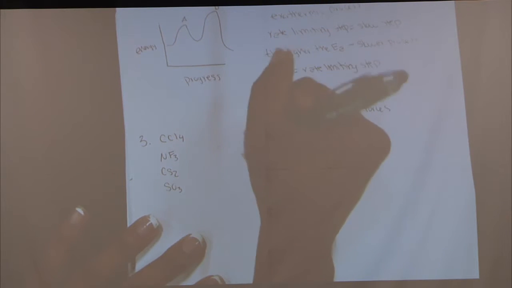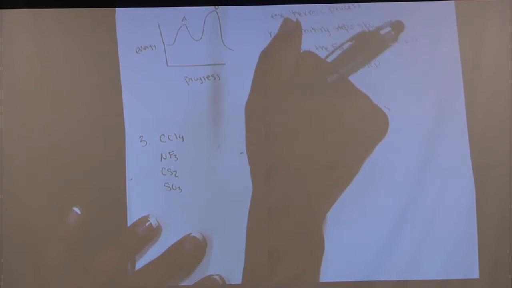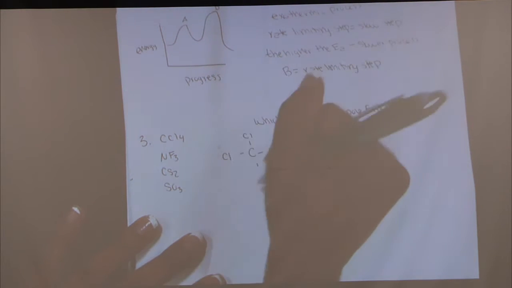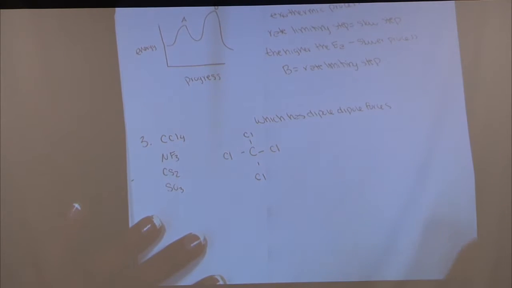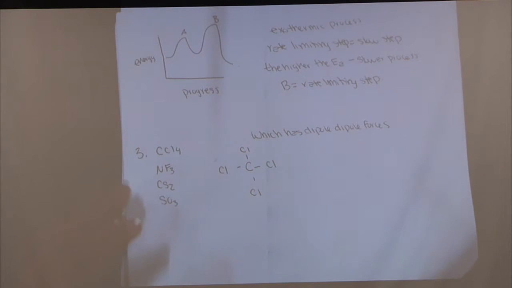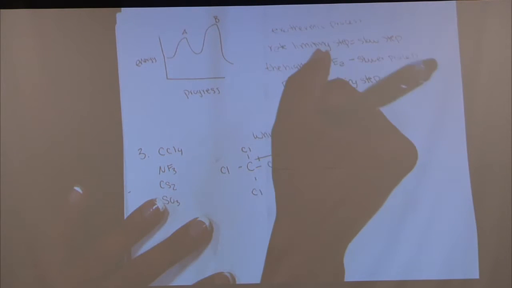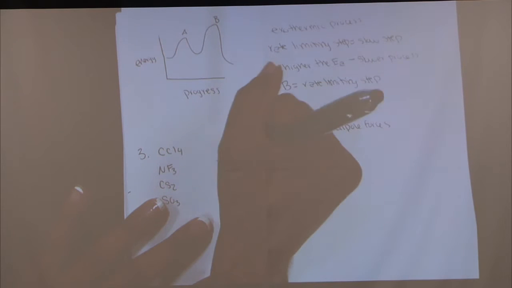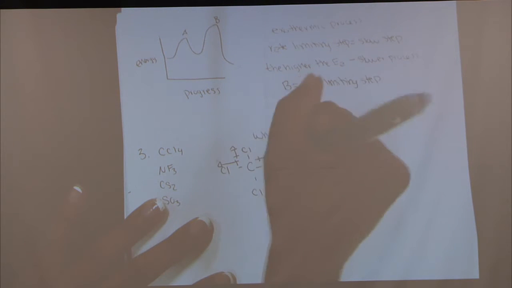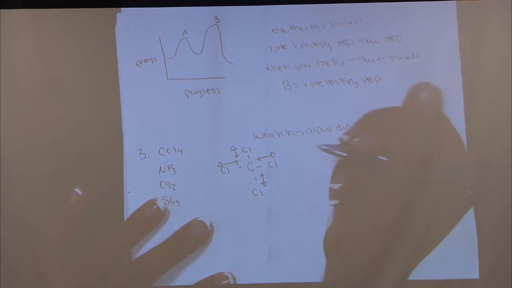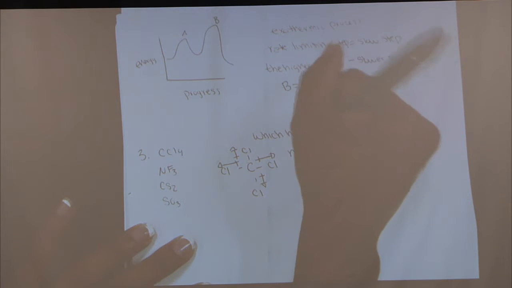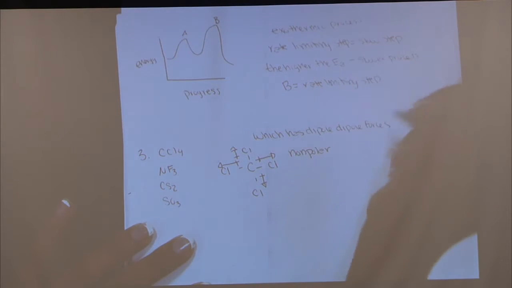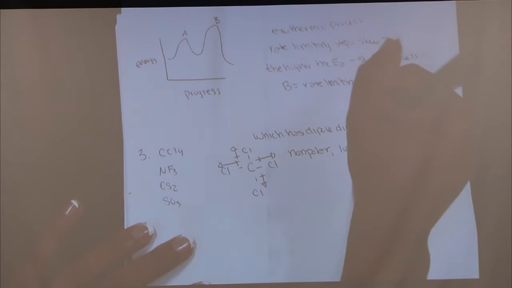So we have carbon tetrachloride here. And the dipoles are going to face towards the more, what's the word? More electronegative atom. That totally slipped my mind for a second. So it's going to go towards chlorine. And since all the dipoles are facing outwards, they're going to cancel each other out. And this would be a nonpolar compound. And so therefore, it only has London dispersion forces.